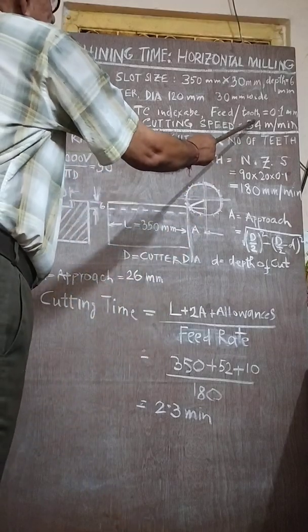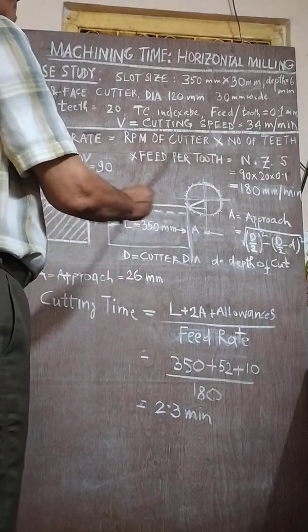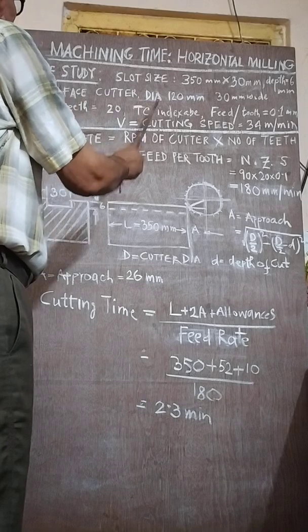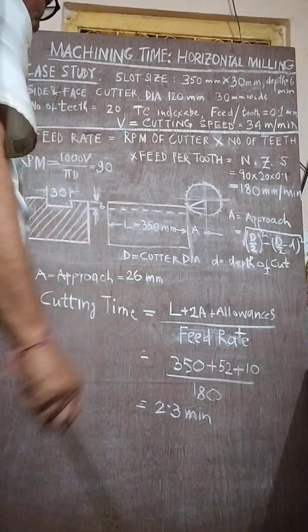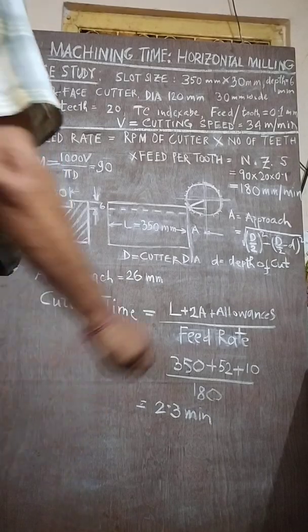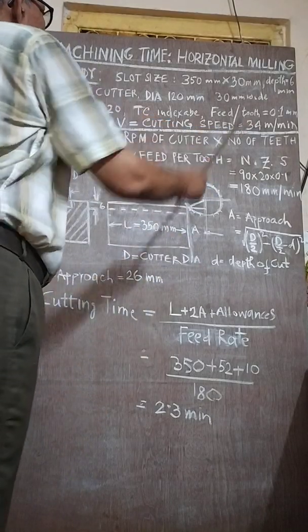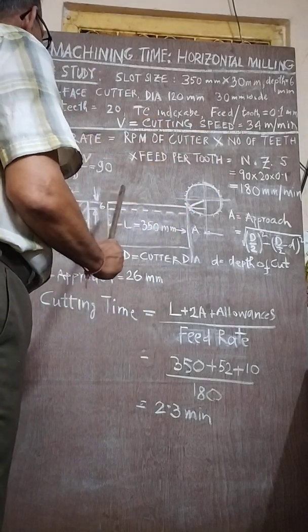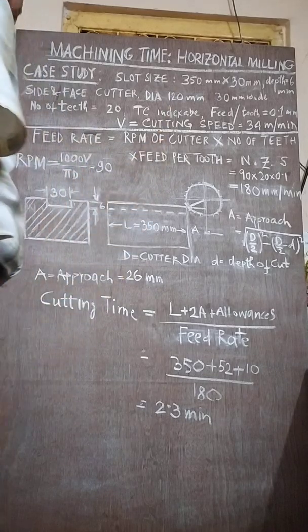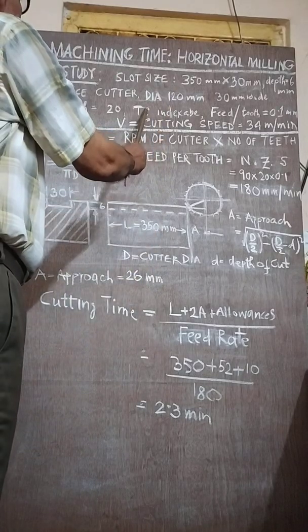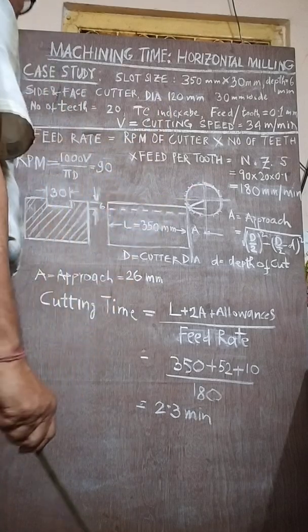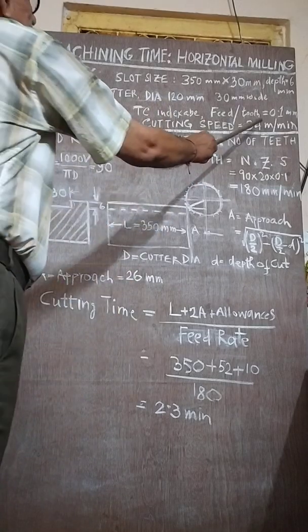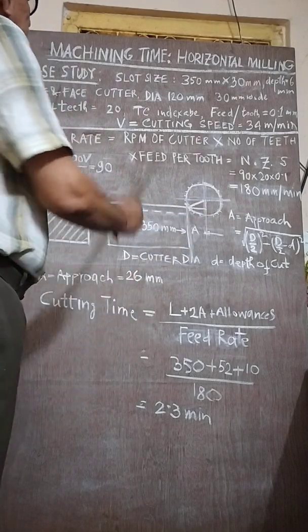This is based on the job and tool combination. The workpiece is of mild steel, and this cutting speed depends on the job, workpiece and tool combination. With the combination of a tungsten carbide indexable insert milling cutter and the job being MS, 35 meter per minute is the peripheral velocity.